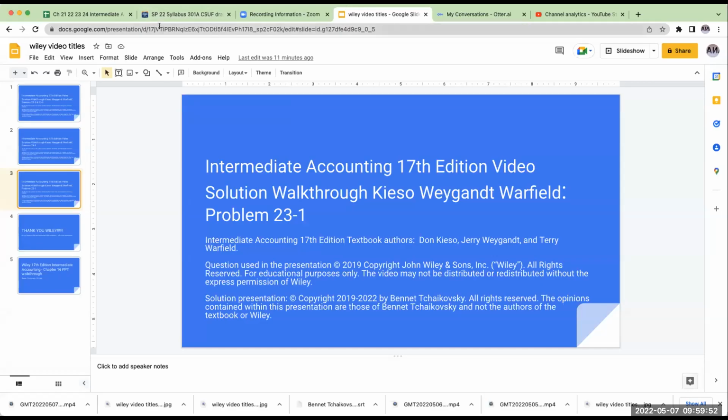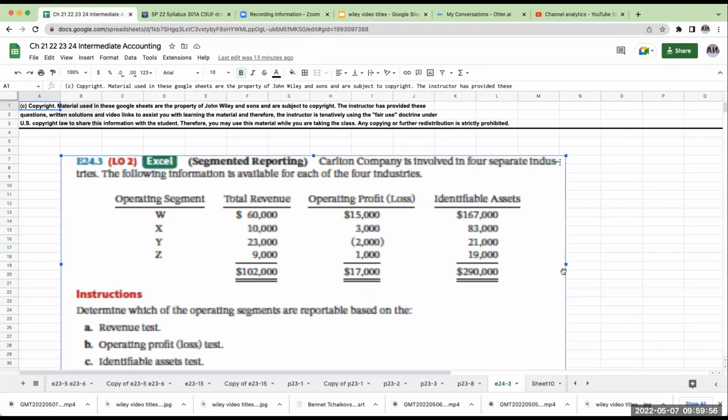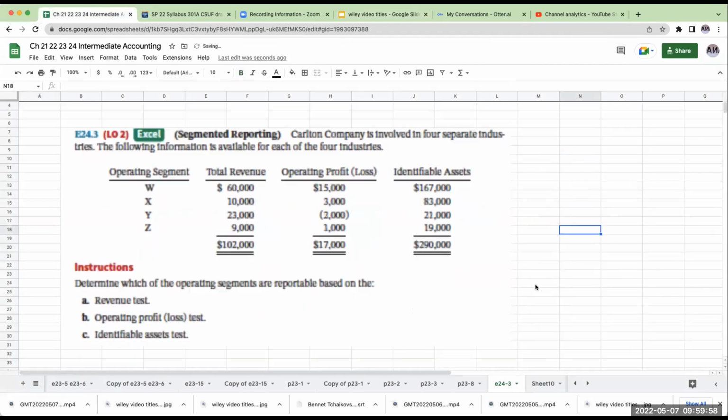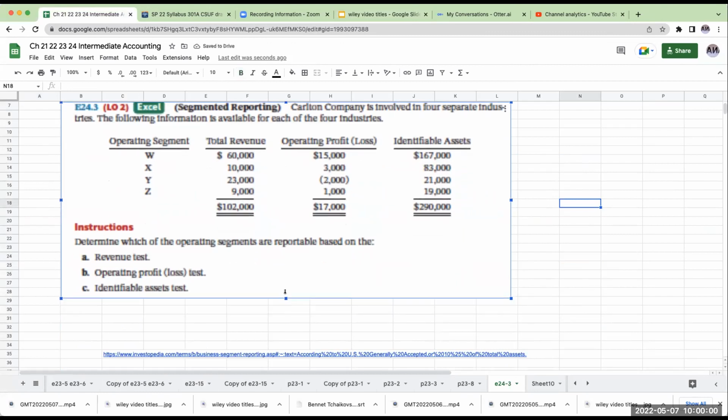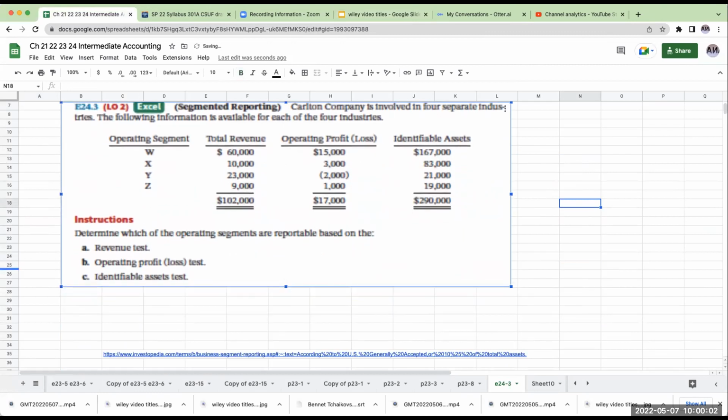All right, so when we're looking at exercise 24-3, this is talking about segment reporting. What we're being asked to do is say which of the operating segments are reportable based on the revenue test, the operating profit or loss test, and the identifiable assets test.